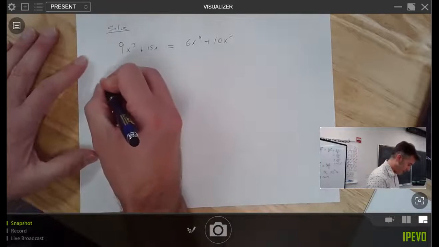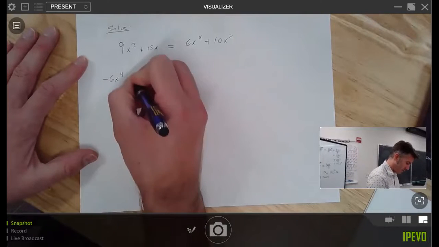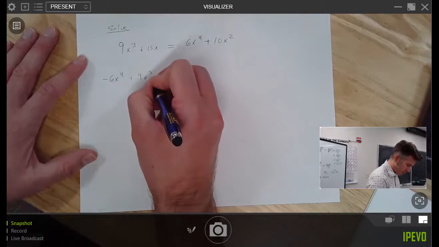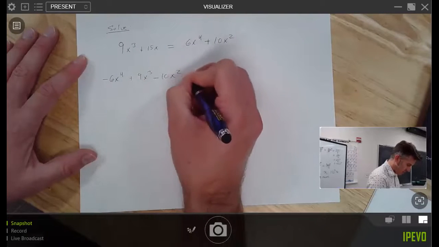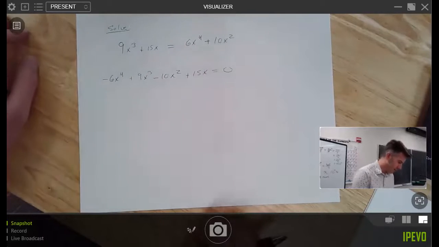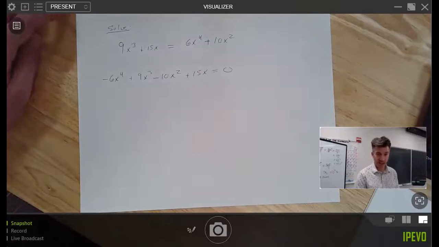I'm going to get a negative 6x to the fourth plus 9x cubed minus 10x squared plus 15x equal to 0. And the only common factor I see to everything is an x. So I'm going to factor out an x.